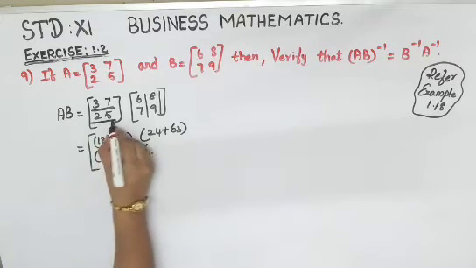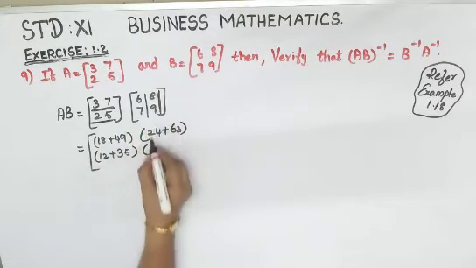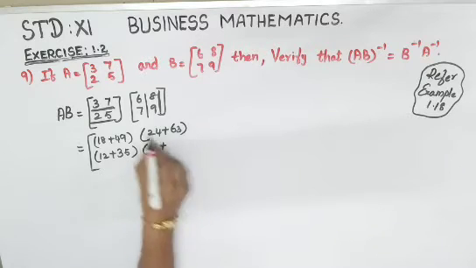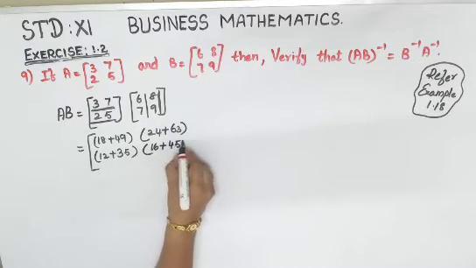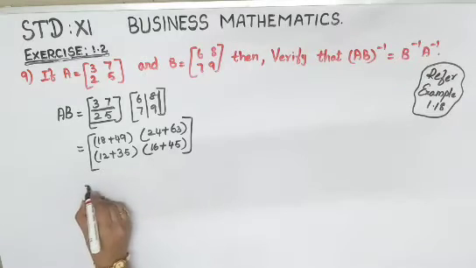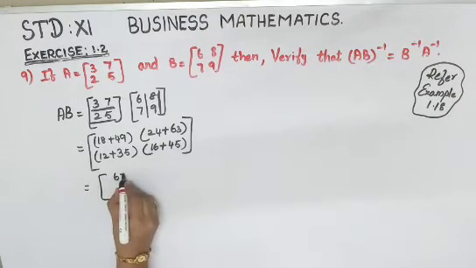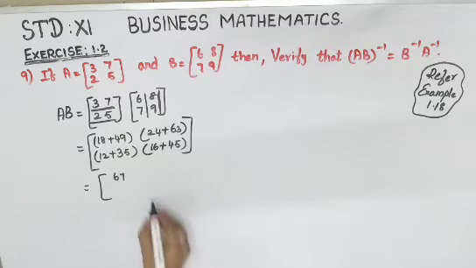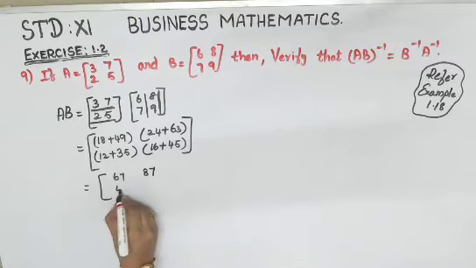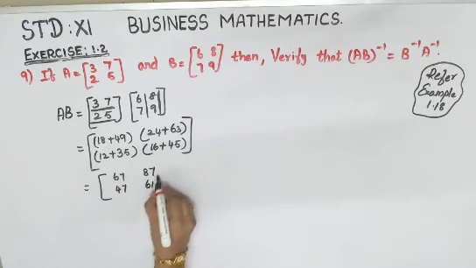Then second row second column, 2 8s are 16 plus 5 9s are 45. So the answer will be 18 plus 49 is 67, 24 plus 63 is 87, 12 plus 35 is 47, then 16 plus 45 is 61.